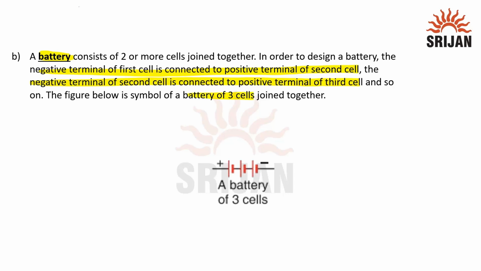Now, if we need to make a battery of four cells, we will make this diagram like this. So this is a battery of four cells. This is the positive terminal of the battery, and this is the negative terminal of the battery.